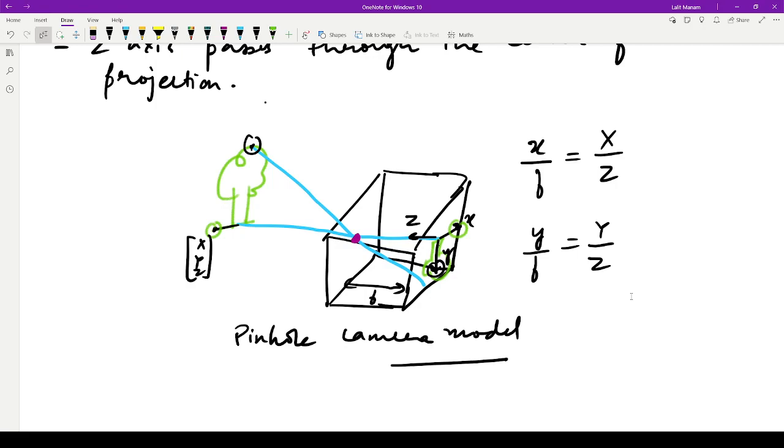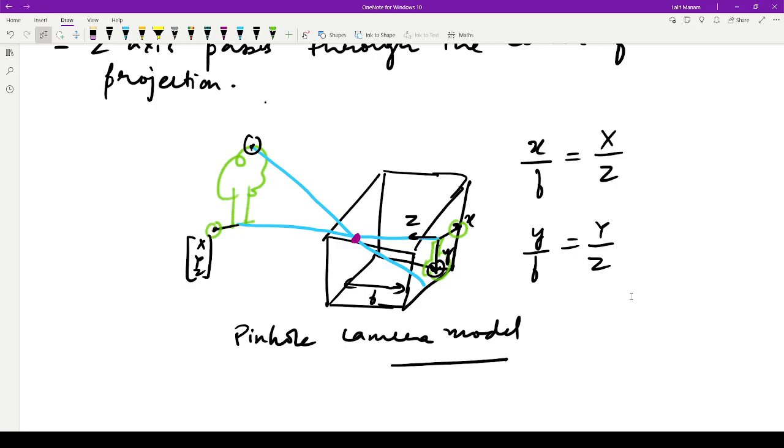Does anyone remember aperture? If the aperture is small, we get a clear image. But if the aperture is very small, you don't have any light to pass through. Although it says pinhole, it doesn't mean we can practically have a pinhole size.